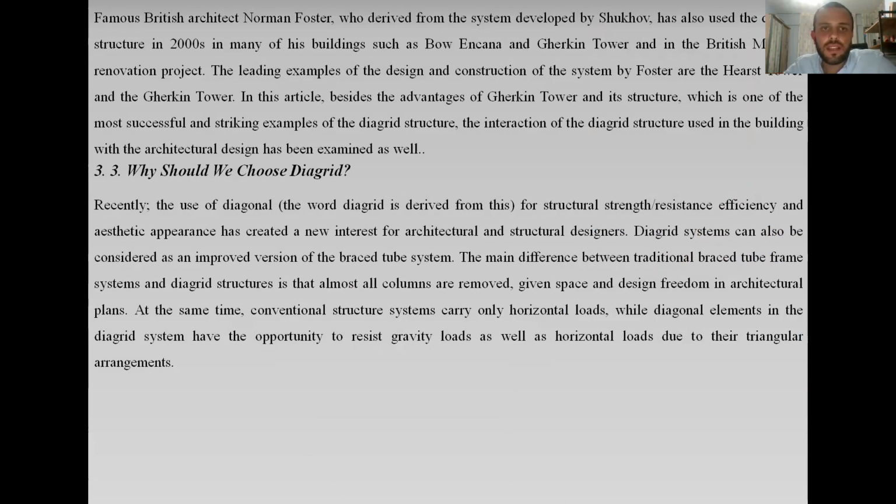The famous British architect Norman Foster, who derived from the system developed by Shukov, also used the diagrid structure in the 2000s in many of his buildings, such as Encana and the Gherkin Tower and the British Museum renovation project. The leading examples of the design and construction of the system by Foster are the Hearst Tower and the Gherkin Tower.